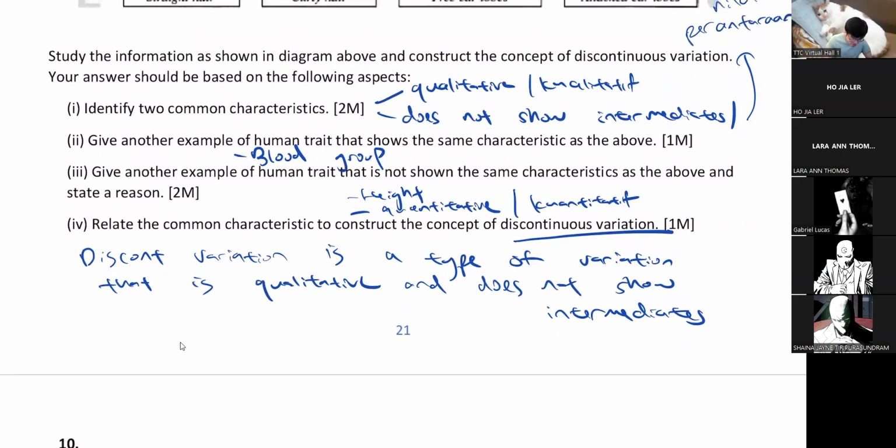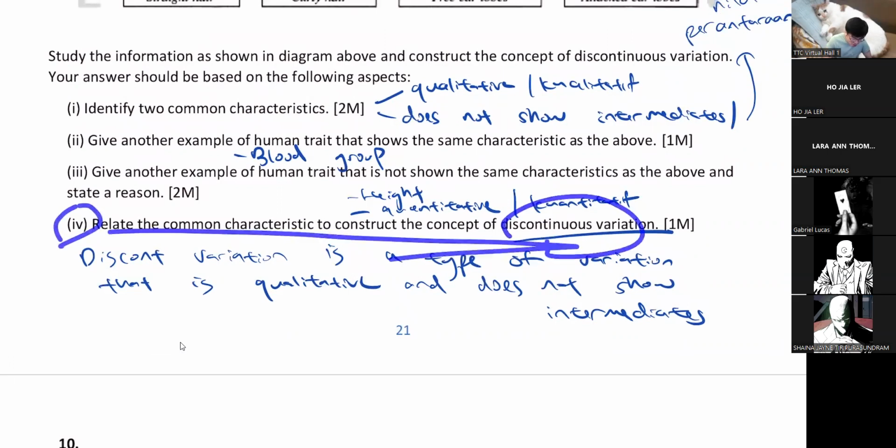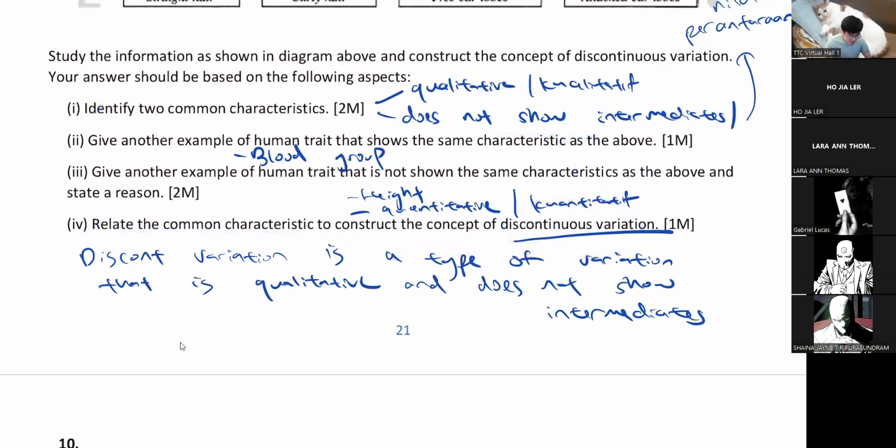Take note of question 4. Usually they will ask you to relate it back to your question 1. Really easy. For the other 2, they will just ask you for examples: what is an example and what is not an example? This is the format.